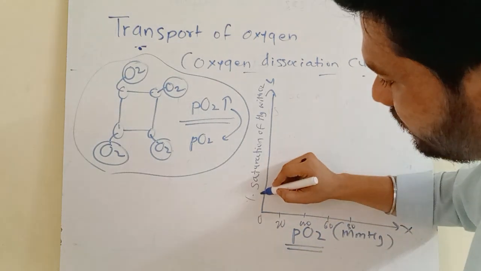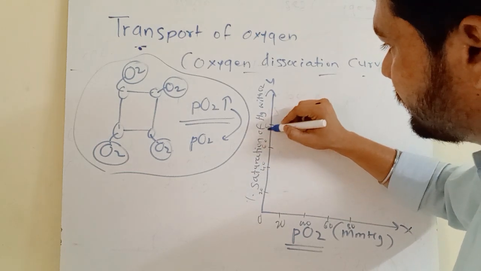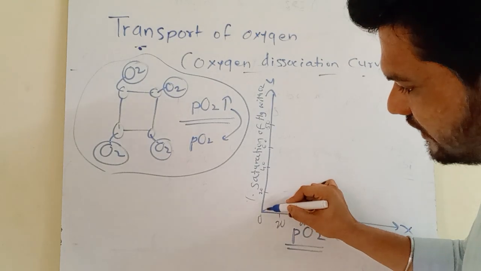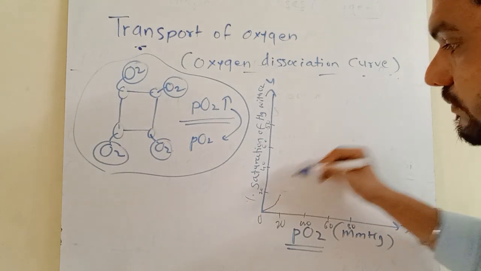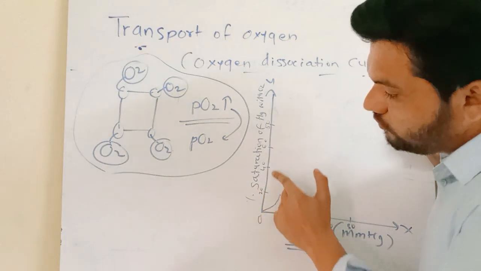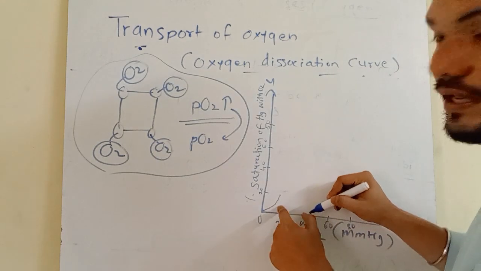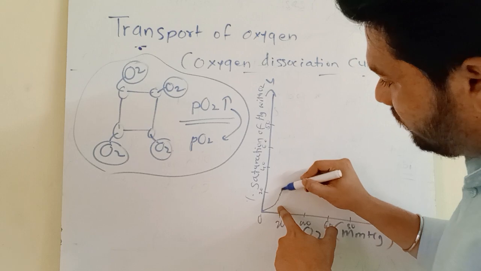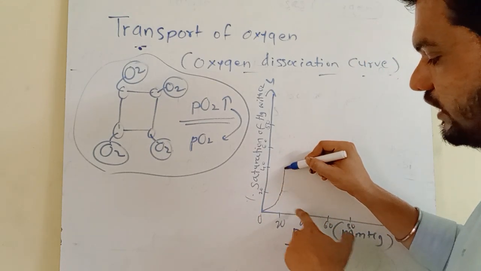Here again 20, 40, 60, 80. For the saturation of 20%, it is requiring 20 mmHg partial pressure. But for 40% saturation of hemoglobin with oxygen, it will not require 40 partial pressure. You can see it will reach 40% much before the 40 partial pressure.